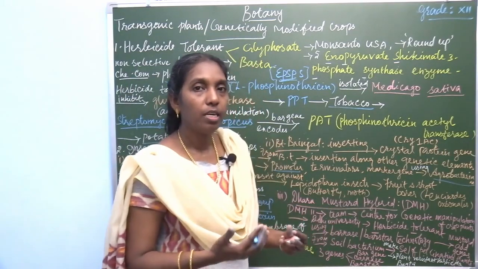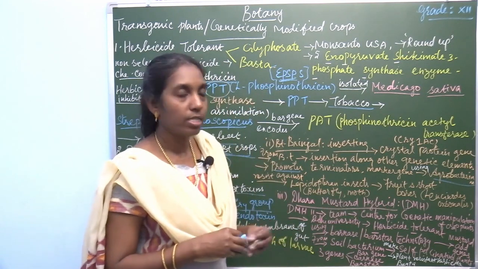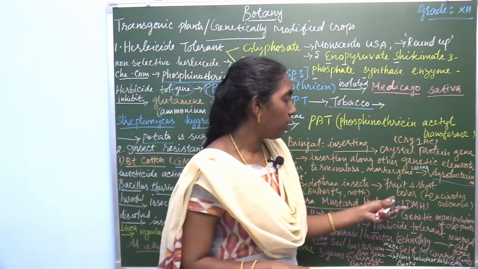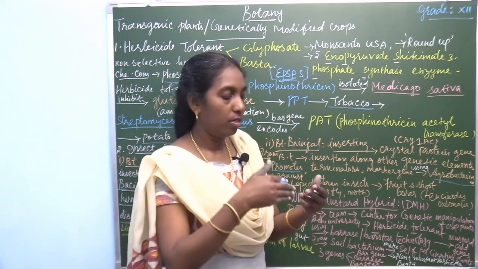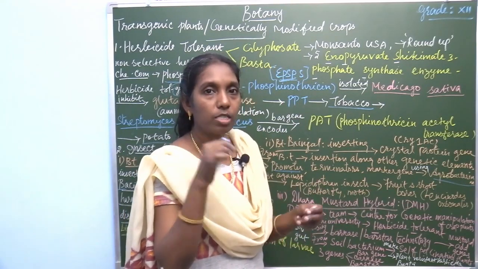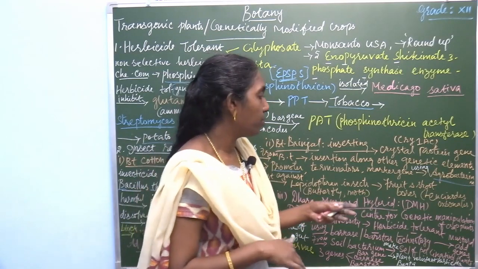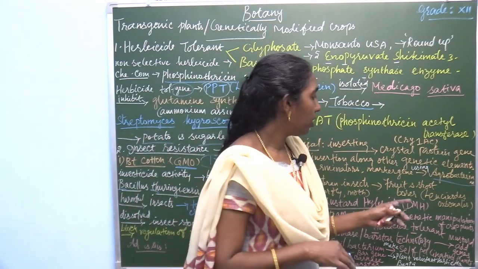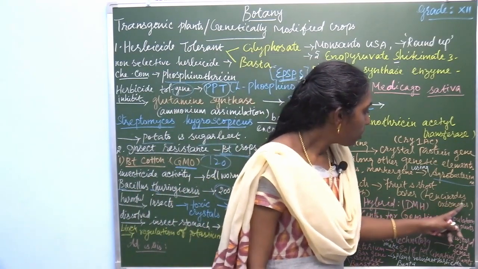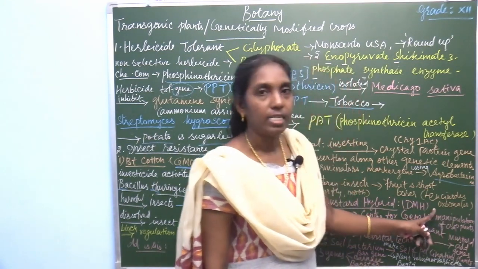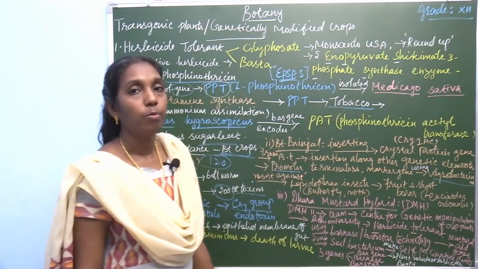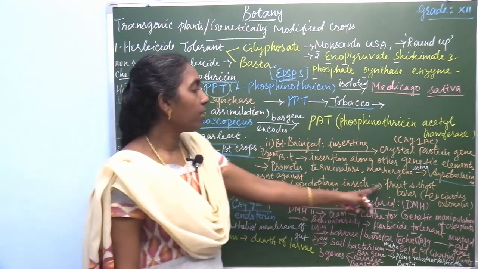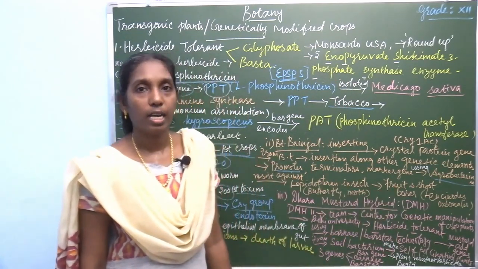There are also other insects which visit the brinjal, the fruit and shoot borer. With their proboscis they bore the stem, the shoot or the fruit. They are called Leucinodes orbonalis, the fruit and shoot borer insect.